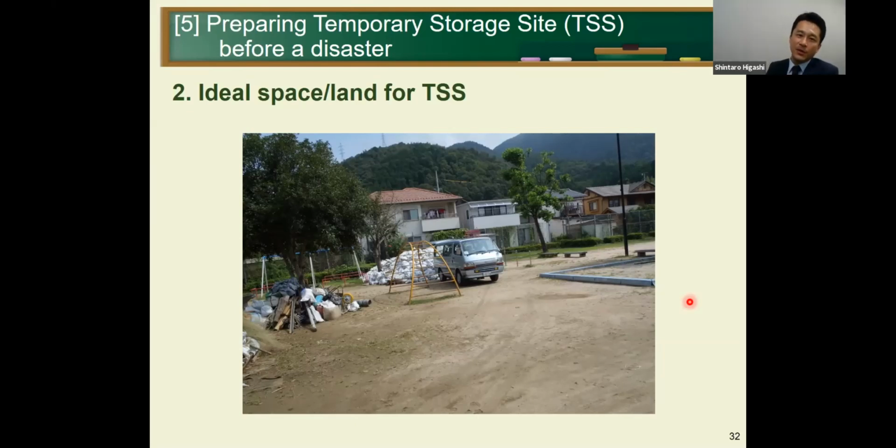Maybe. So it seems this place should not be selected, but it depends on the situation. If they don't have any vacant space, maybe we can utilize the park as a temporary storage site for dry waste only.